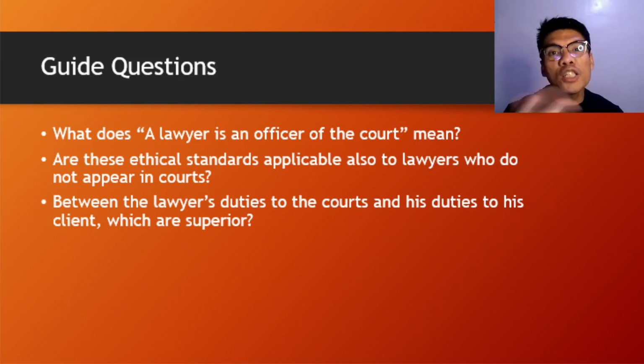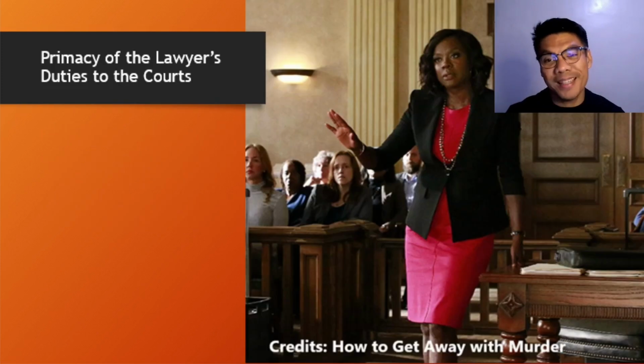First, let's look at some pictures. This first photo is of course very familiar. You know her. She's Viola Davis in her very popular and award-winning role as Annalise Keating in the TV series How to Get Away with Murder. I think this picture sums up the primacy of the lawyer's duties to the courts. Look at her.